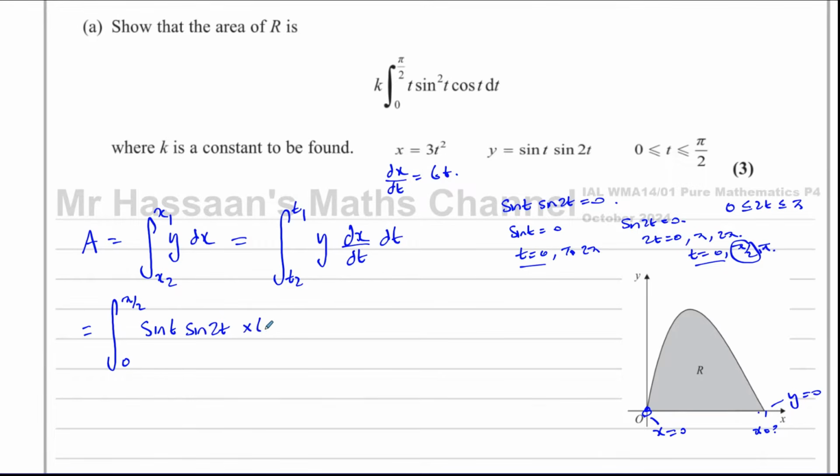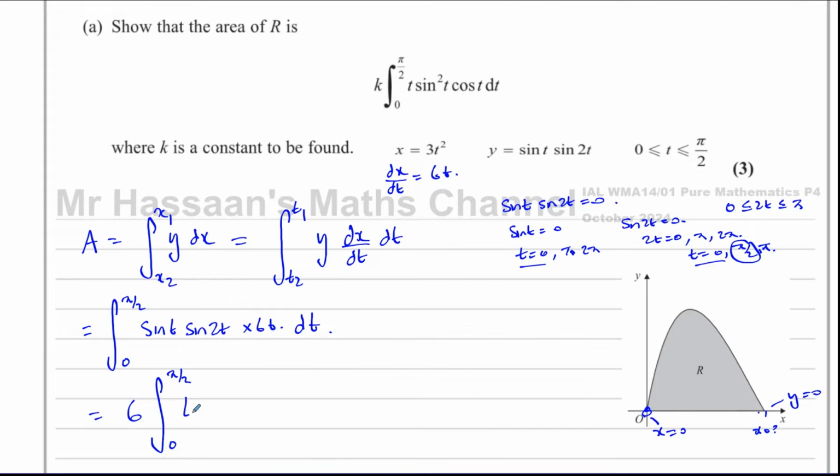So this is times 6t, that's sine t, sine 2t times 6t, and then we're going to have dt. This is going to give us 6 on the outside, and we'll have the integral between pi over 2 and 0. We have to show it becomes this.